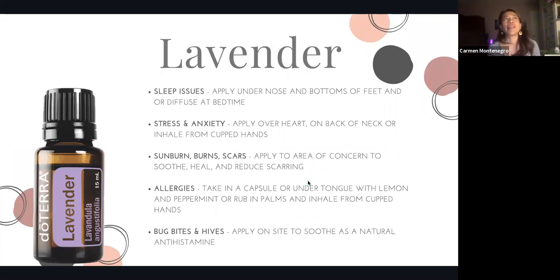Lavender. Lavender also is one of the top oils in doTERRA that's really selling like hotcakes. I order lavender every month. Lavender is a single oil, and this is taken from France and Bulgaria. You see a lot of lavender in America, but doTERRA doesn't consider that as a lavender source because of the potency.